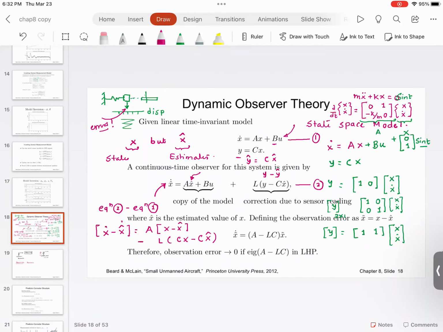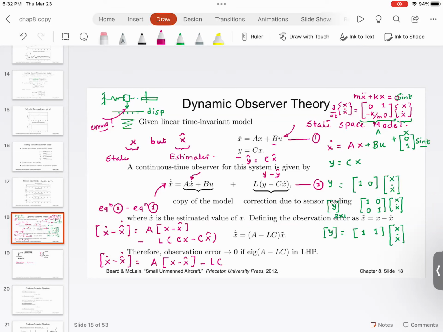Now, this equation becomes x dot minus x hat, A times x minus x hat, minus, can you see C can come outside?